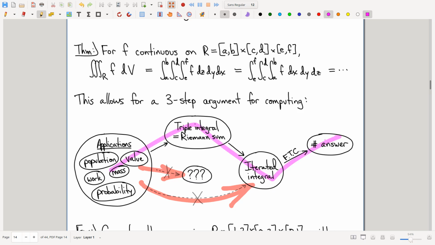It's the same 3-step process. All the same comments apply that, yes, you do have to show me the triple integral, because that's the very non-trivial, important construction that allows for connecting to applications in the first place, and you have to rewrite that then as an iterated integral, because that's the only thing that we know how to compute, right?